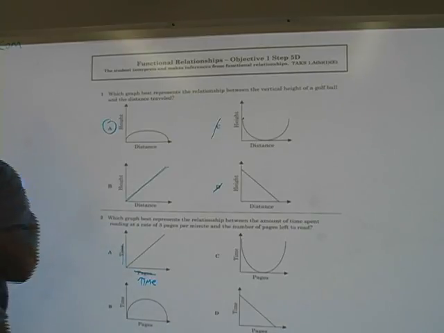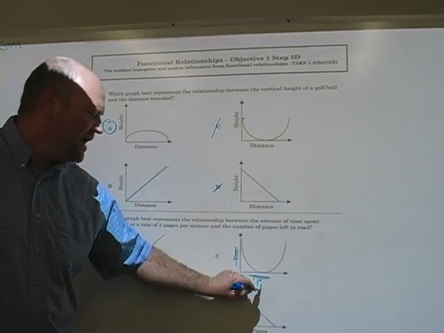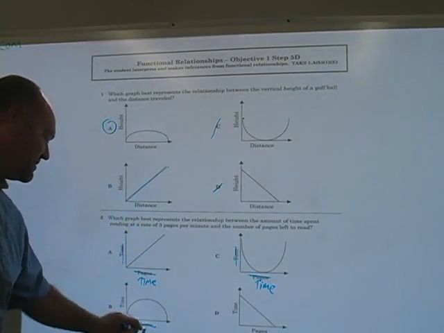Because remember, your x-axis is your independent variable. And time is always independent, because time goes on no matter what. So a lot of times you'll see functions that have time down here on the x-axis.